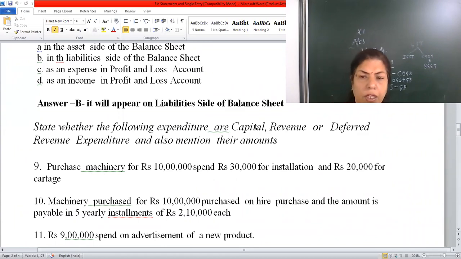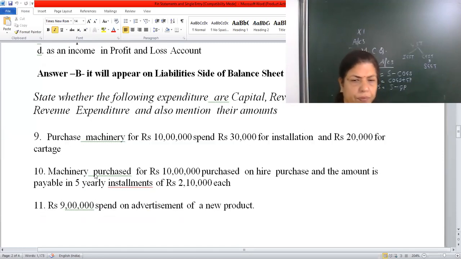Because, be careful, non-recurring and non-repeating expenditures generally related with the asset are termed as assets. Assets will be capital expenses. Then machinery purchase for rupees 10 lakh. Amount is payable in 5 years installment.